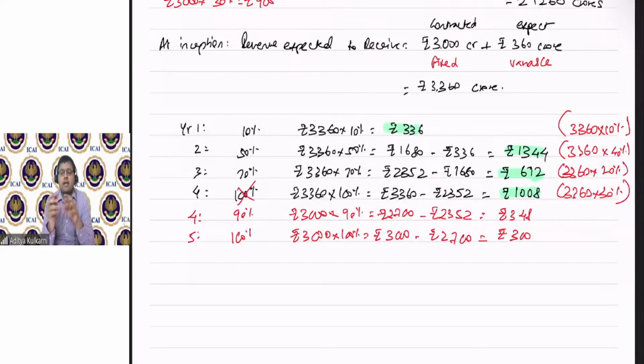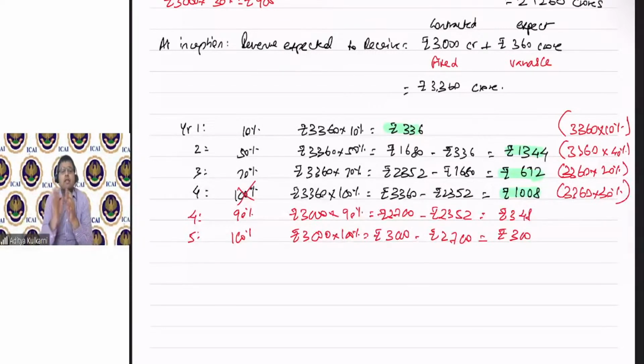So first year, I will take the full contract span of 5 years to complete. So in year one, 3,000 crores will be your estimate, and you recognize the revenue at 3,000 crores.